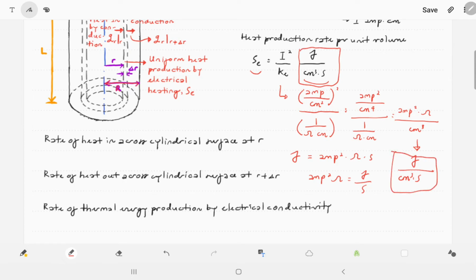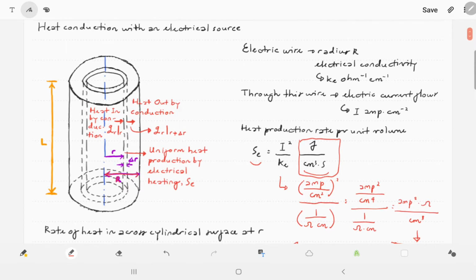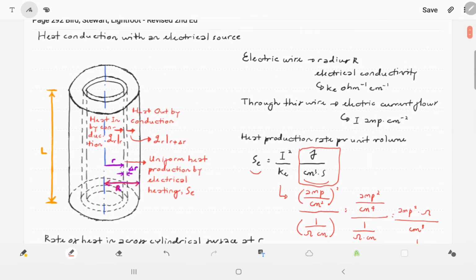Then we go back to our system, where the heat flows in the radial direction, the direction of r. So we need to make a shell element within the electric wire with thickness delta r.